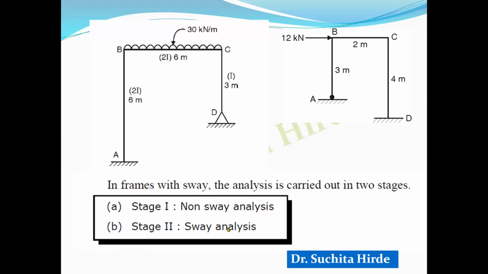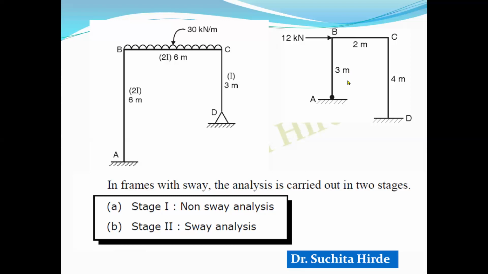In second stage analysis, we get moment developed due to sway. But in the second case, since no fixed end moments are developed due to nodal point load, this first stage analysis is not required. And the sway force we can directly take as 12 kilonewton. This is the actual sway force on this frame.